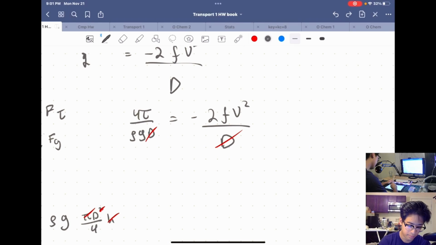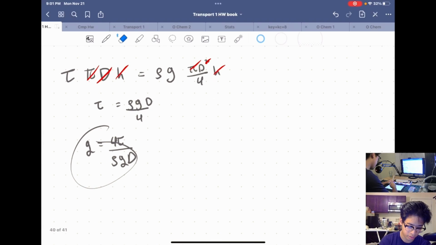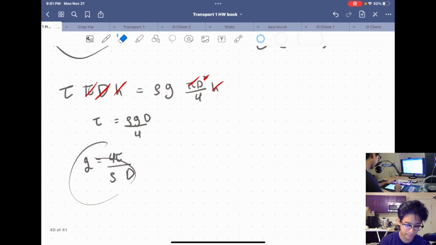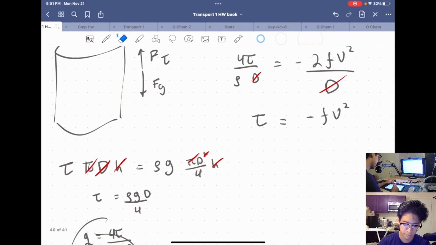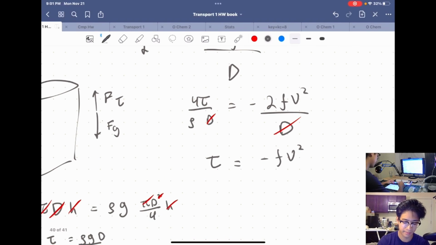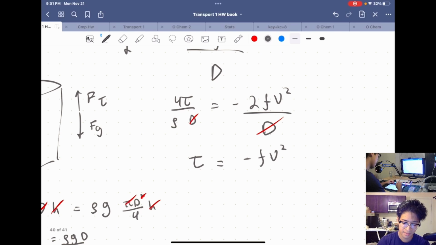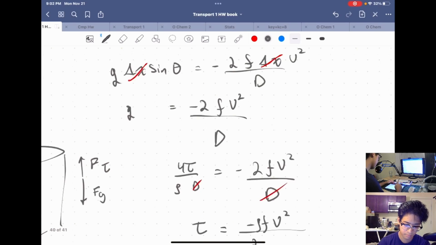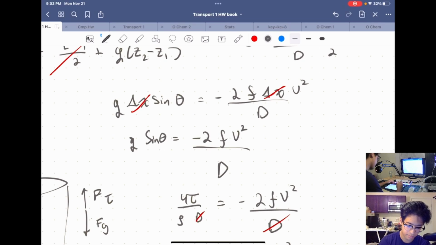So shear stress equals negative rho Fanning friction factor velocity squared over 2 sine theta.